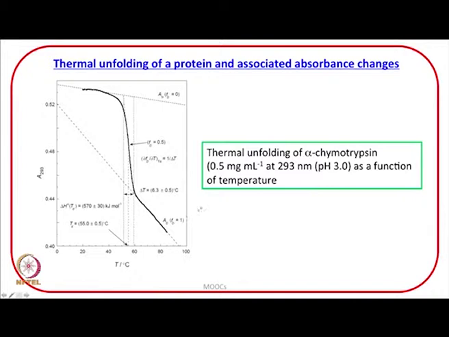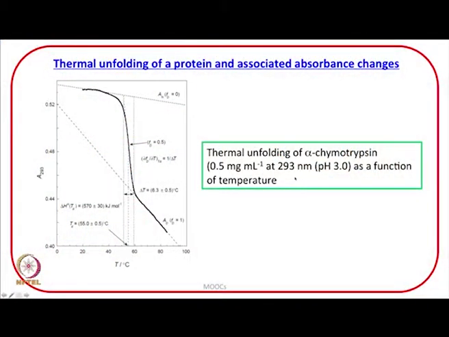This example is thermal unfolding of alpha chymotrypsin as a function of temperature. Now, how do you choose the wavelength? This study is to be done at a fixed wavelength. You fix a wavelength, and at that fixed wavelength you change the temperature and monitor the absorbance changes. When you study the thermal unfolding of a protein by UV visible spectroscopic measurements, the wavelength selected is 293 nanometer.